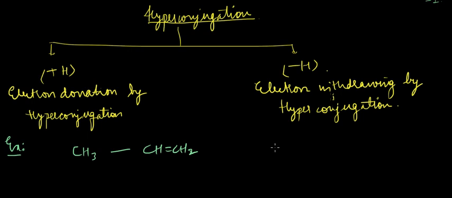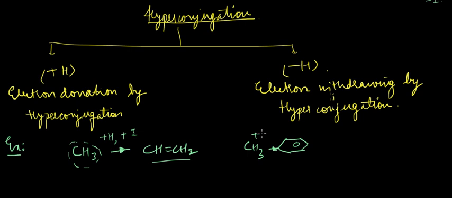Okay, so in this case this CH3 is acting as plus H and plus I for the alkene group. Okay, let us take a look at this example. For this case also CH3 is acting as plus H and plus I.